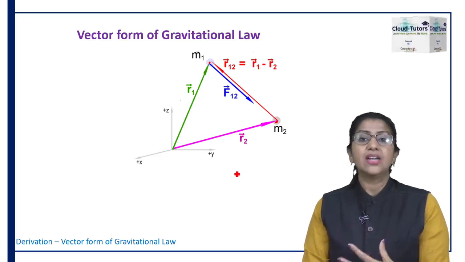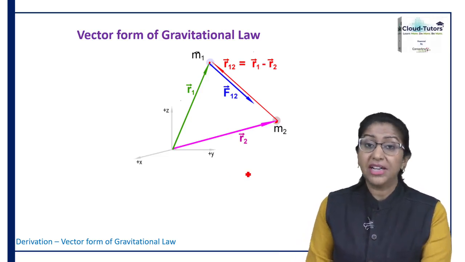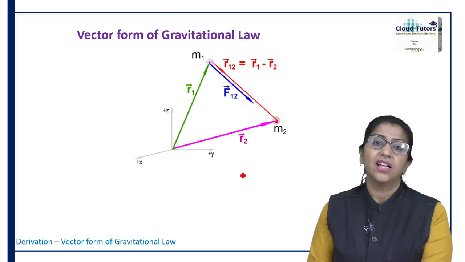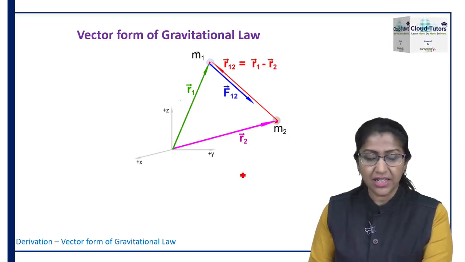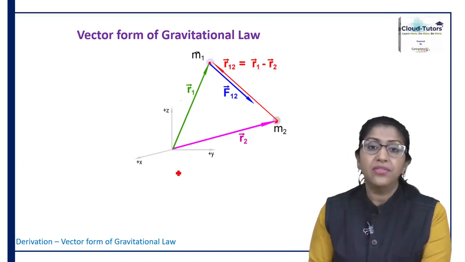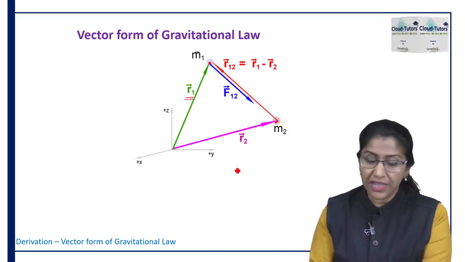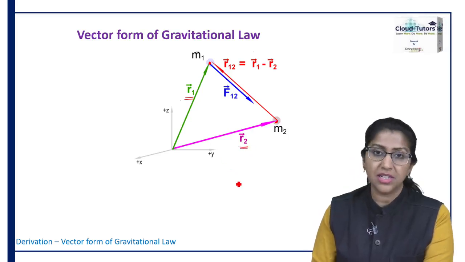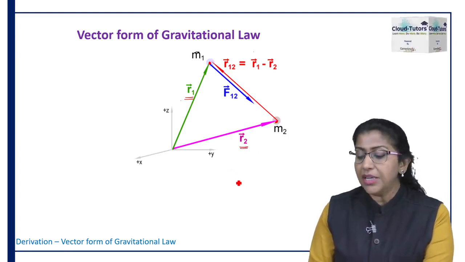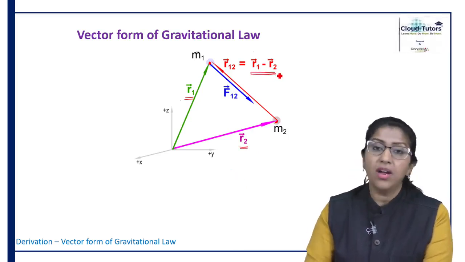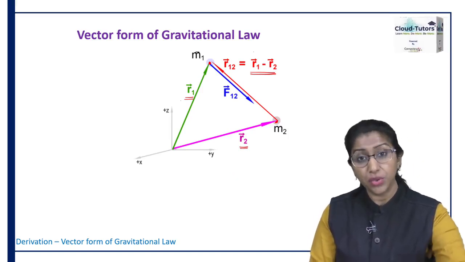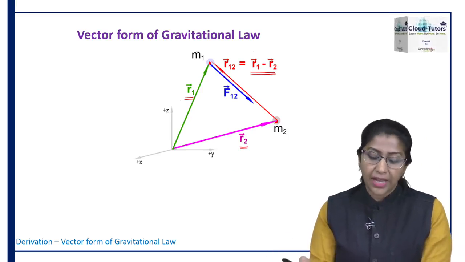Since we are considering the vector form, we need proper vector quantities here, correct? The position vector of m1 can be written as the r1 vector, and the same for m2 can be written as the r2 vector. Since they are separated by a certain distance, the difference, vector r1 minus vector r2, gives us the r12 vector, which is the position vector here.